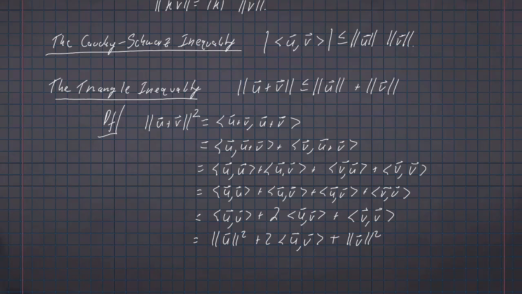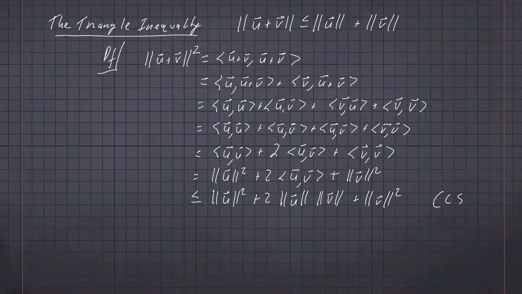That piece in the middle is a little bit trickier. That's where the Cauchy-Schwarz inequality comes in. The inner product of u and v is less than or equal to the magnitude of u times the norm of v. That's the Cauchy-Schwarz inequality coming into play.